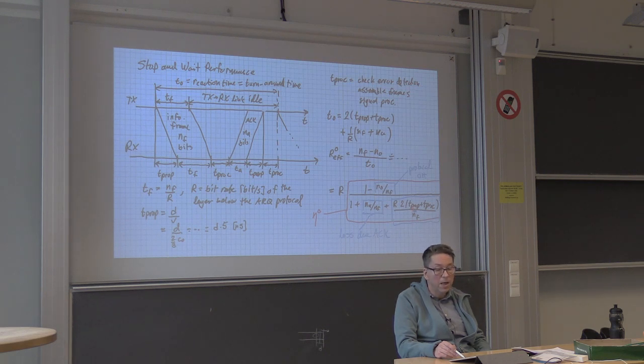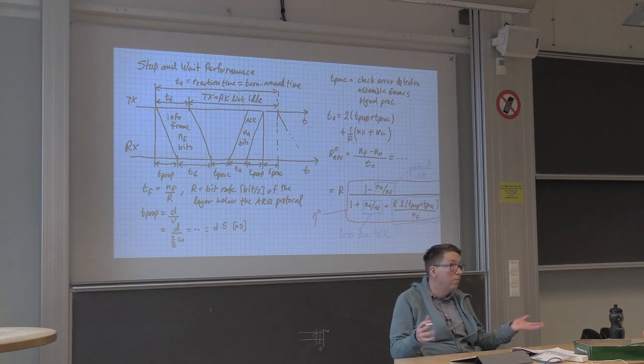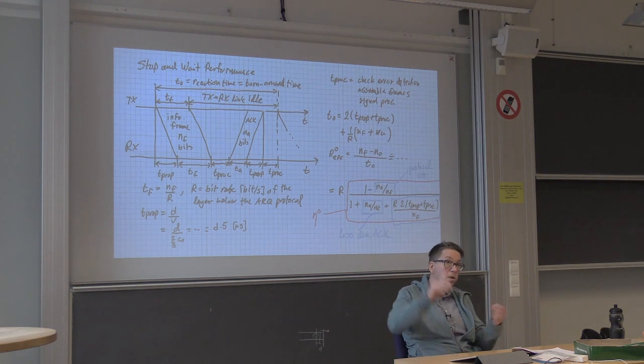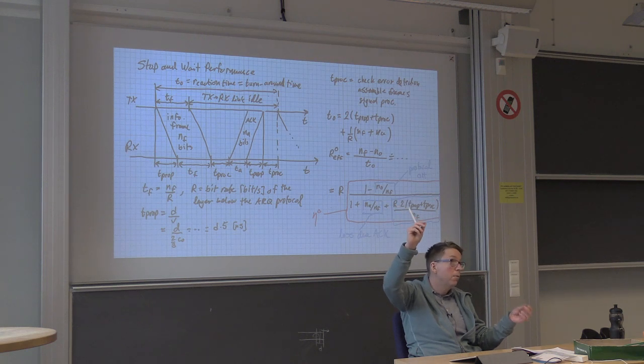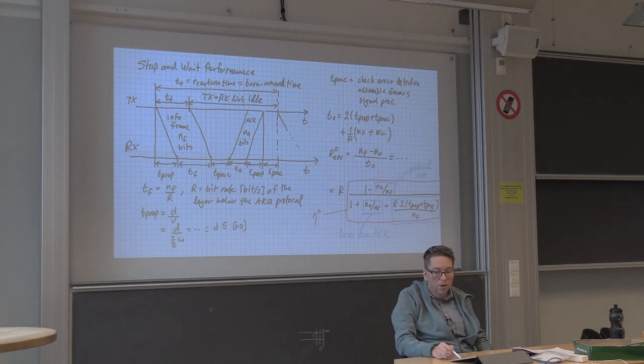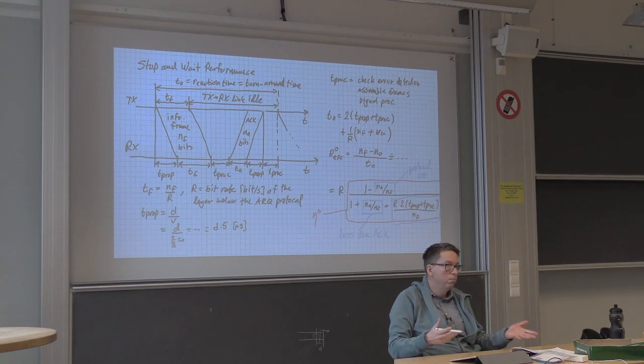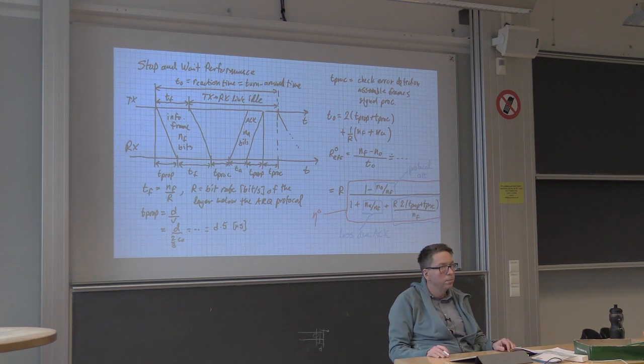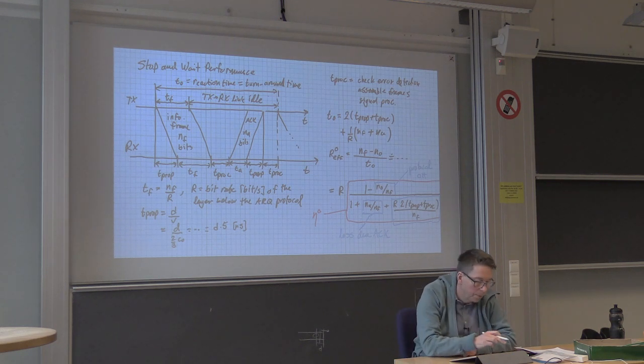But at the end of the day, there is some processing propagation time that we cannot do much about. So for instance, when we have a satellite link, that will be dominated by the distance divided by the speed of propagation. That's it, right? So we cannot do much about this term here. And of course, we can select R by investing more or less into the layer below us. Okay.